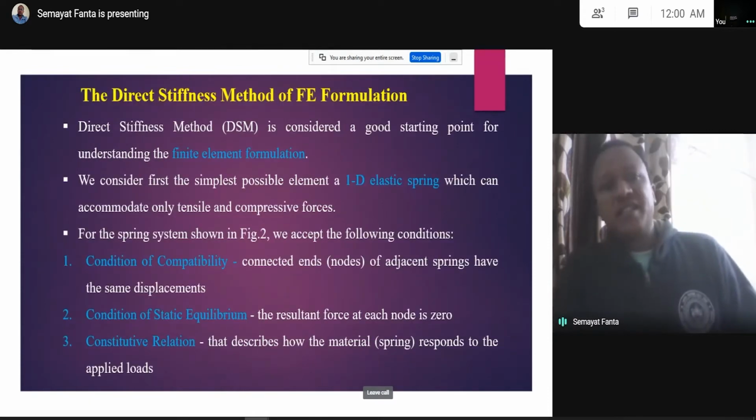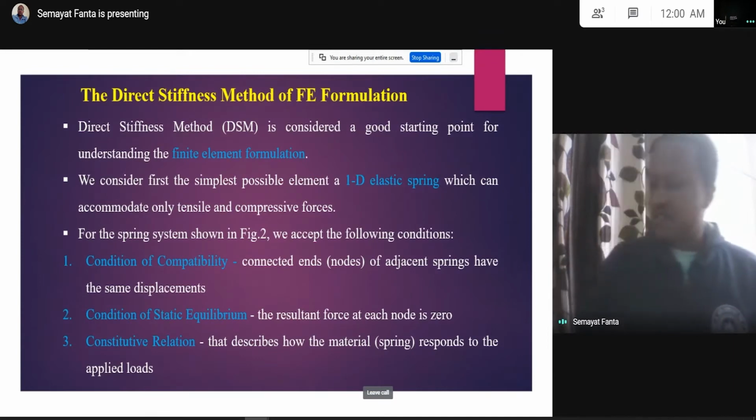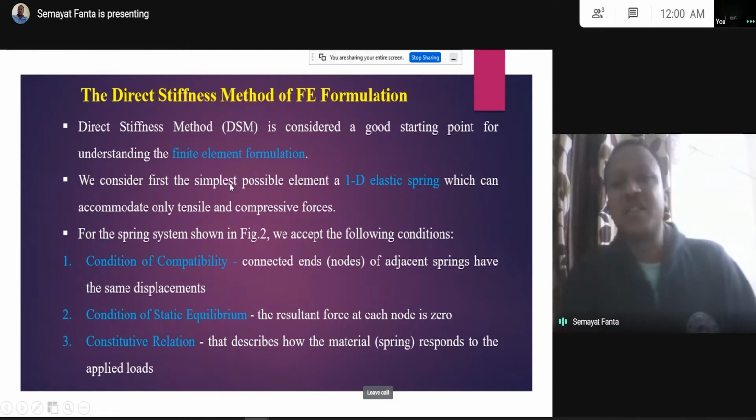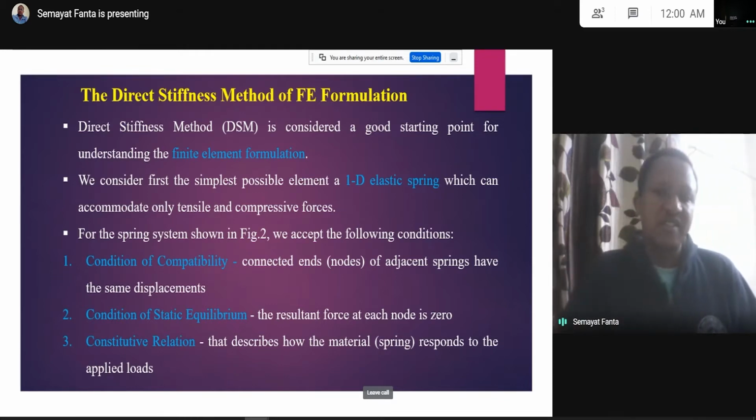So let's see the direct stiffness method first. We can see these three one by one in today's lecture, and further in many other lectures. The direct stiffness method is considered a good starting point for understanding finite element formulation.